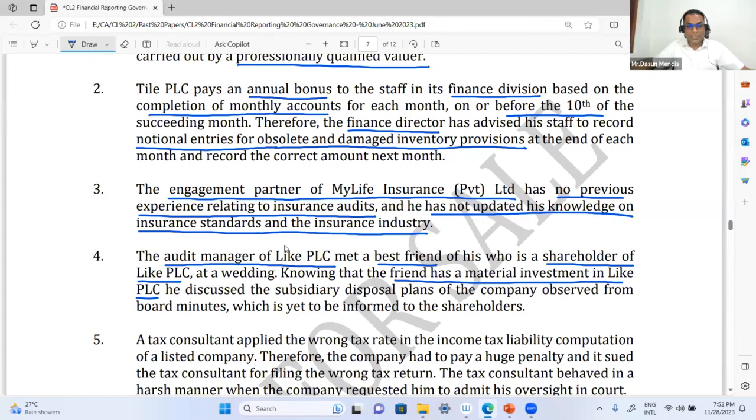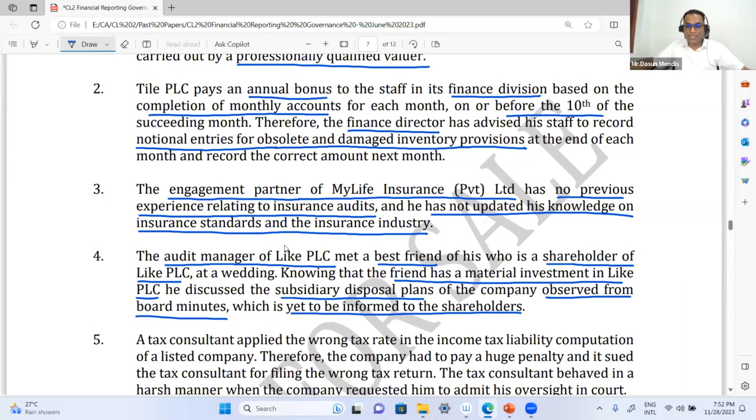He discussed the subsidiary disposal plans of the company, observed from board minutes, which is yet to be informed to the shareholders. There is some unpublished price-sensitive information. So this company, Live PLC, is going to dispose one of its subsidiaries. There's a plan, and how the audit manager got to know is because he read the board minutes and it was mentioned there.